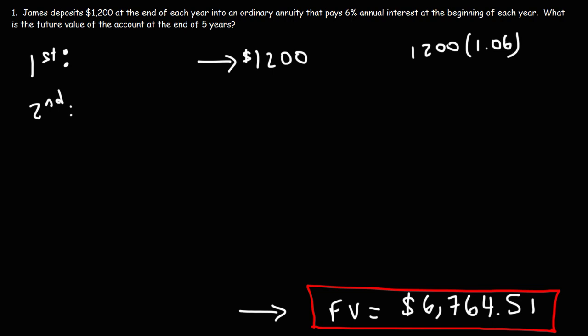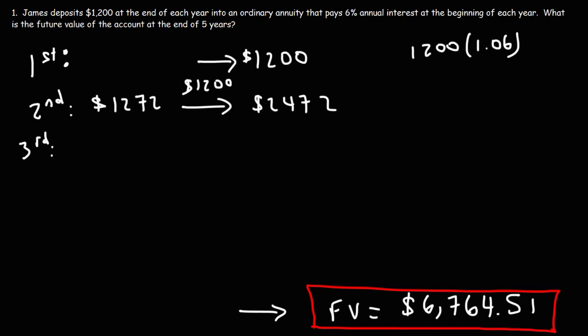So 1,200 times 1.06, his account will be worth $1,272 at the beginning of the second year. Now he's going to deposit $1,200 at the end of the second year. So at the end of the second year, his account value will be $2,472.